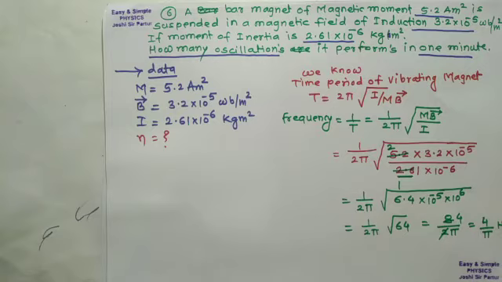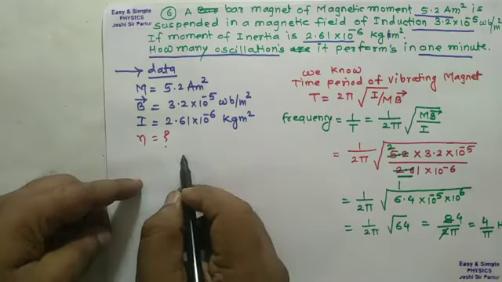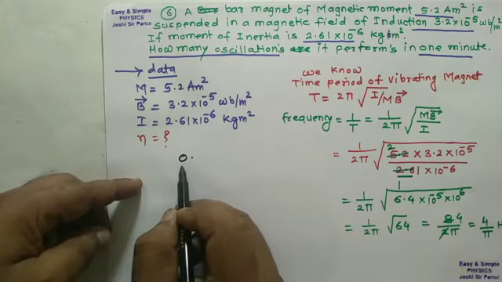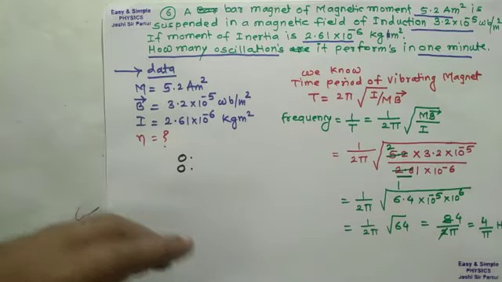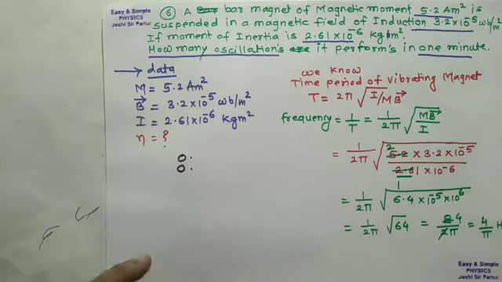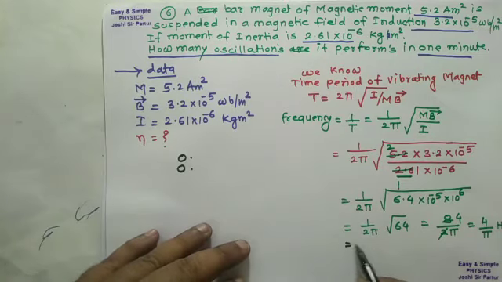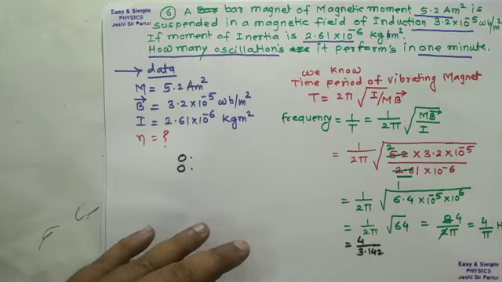If we take the log, for 4 the characteristic will be 0. For pi having value 3.142, the characteristic will be 0. Here we can write 4 upon 3.142.